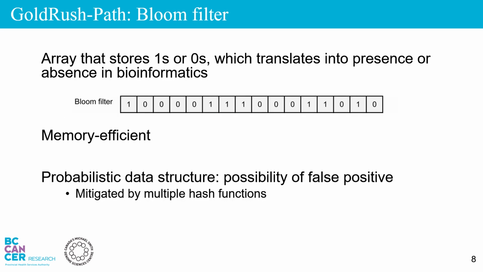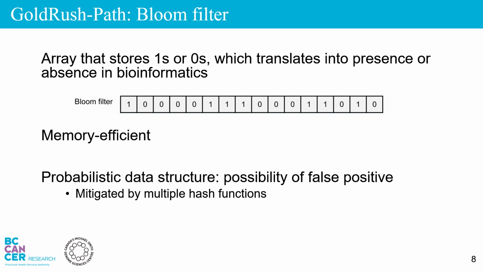Before we discuss the multi-index Bloom filter, we must first review the Bloom filter, which the multi-index Bloom filter is based on. A Bloom filter is an array that stores ones or zeros, which translates into presence or absence in bioinformatics. This is a very memory-efficient data structure because it is just a bit vector.